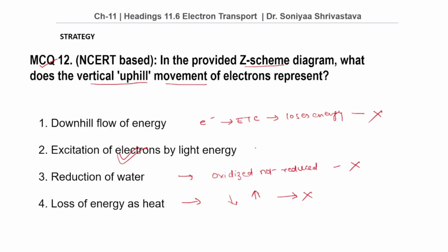Because when photons are absorbed by PS2 and PS1, electrons gain energy and jump to a higher energy level. And this is shown as vertical upward movement in the Z scheme. That is, the excitation of electrons is the vertical upward movement.